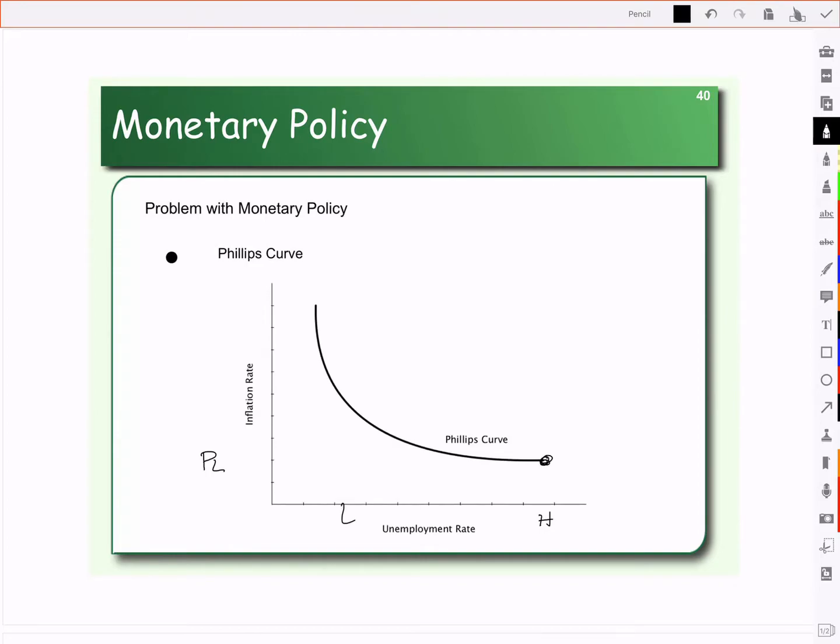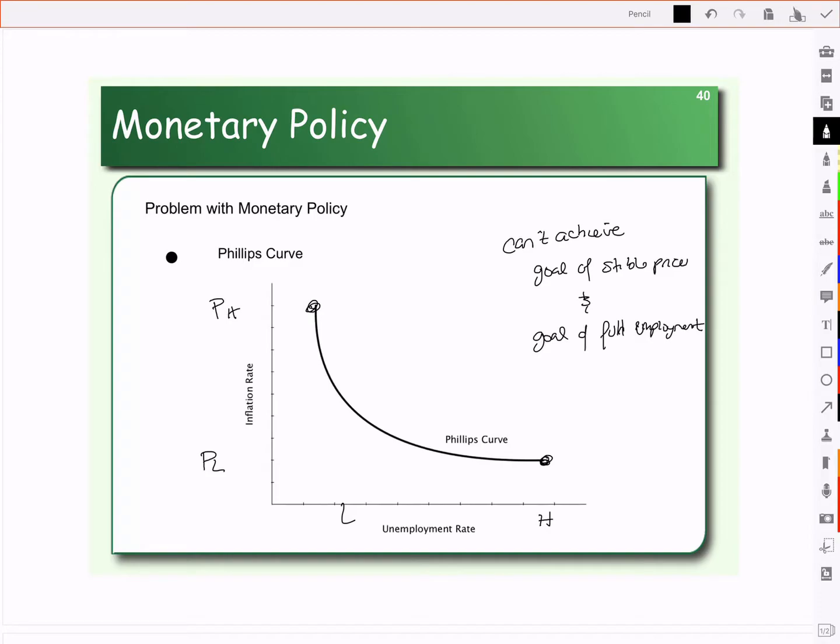When the unemployment rate is low, then we all have jobs, we're all making money, we're all buying goods and services, and that increase in demand for all those goods and services is going to take your prices and make them higher. So the difficulty with the Keynesian monetary policy is that you can't achieve stable prices and the goal of full employment.